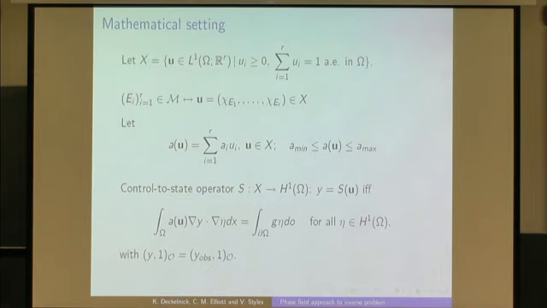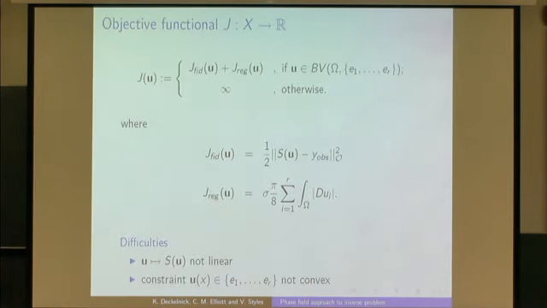So now we have said how, so the set X is in some sense our control set, and we said how it relates to the state, that's the y, and now we can define the objective functional just as before, but we express everything in terms of u now rather than in these partitions. And so the objective functional has two parts. The fidelity part, this term, which just measures as before the mismatch between the observed data and the solution of our problem.